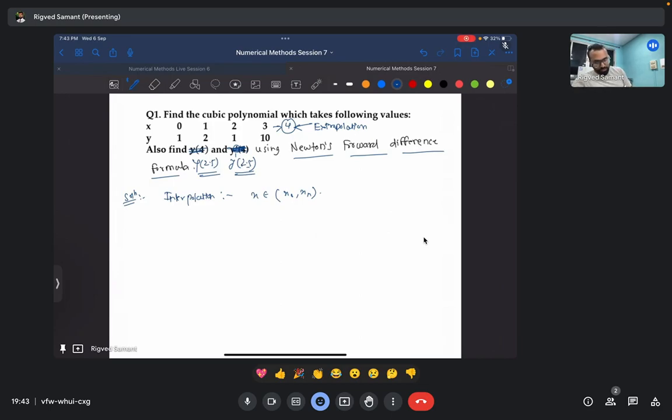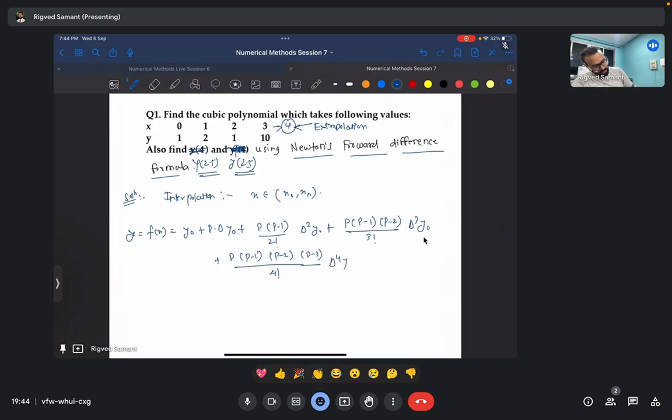Newton's forward difference formula, if you know, is given as y equals f of x equals y naught plus p delta y naught plus p into p minus 1 divided by 2 factorial delta square y naught plus p into p minus 1, p minus 2 divided by 3 factorial delta cube y naught plus p into p minus 1, p minus 2, p minus 3 divided by 4 factorial delta 4 y naught plus so on.